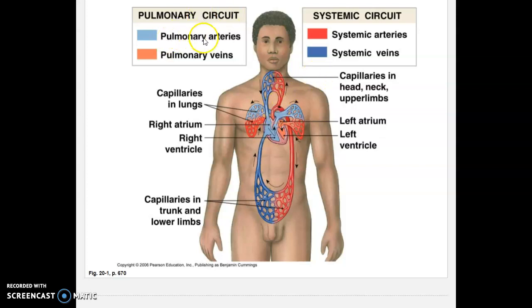In the pulmonary circuit, we're taking blood away from the heart towards the lungs because it's oxygen poor. And in the pulmonary veins, we're taking blood from the lungs back to the heart, and that's oxygen rich. So even though we have arteries and veins in both, whether the blood in it is oxygen poor, which is denoted by the blue, or oxygen rich, which is denoted by the red, that's different. So we do have to understand whether we're talking about the systemic circuit or the pulmonary circuit.